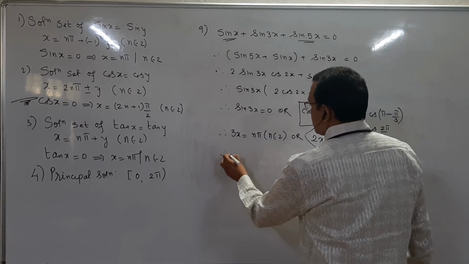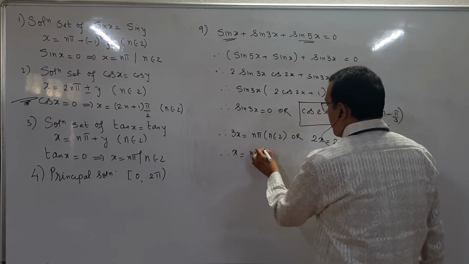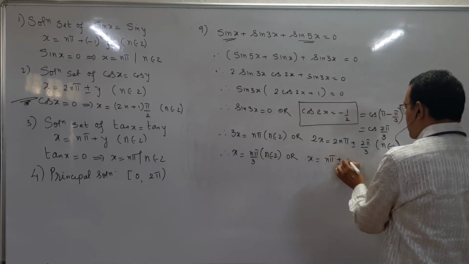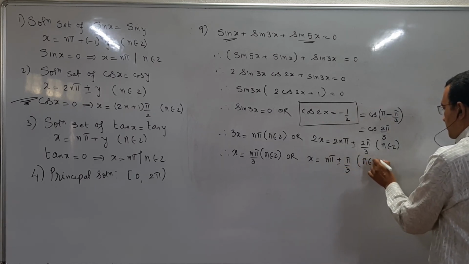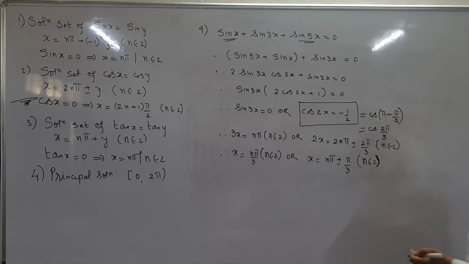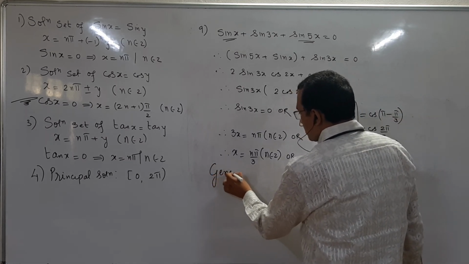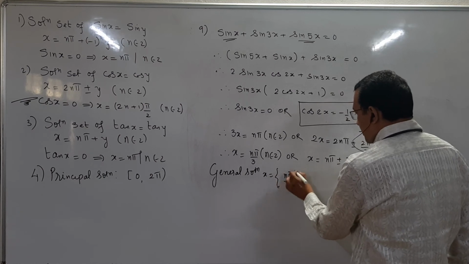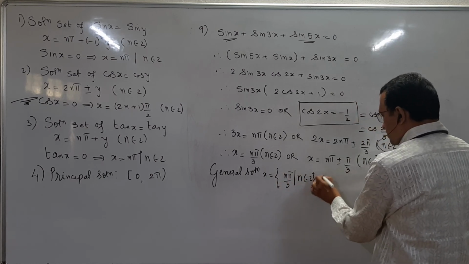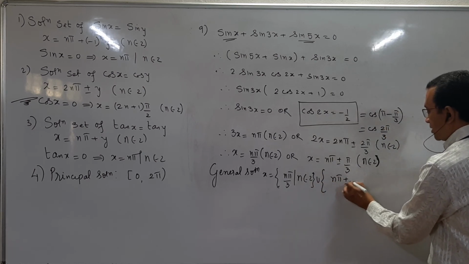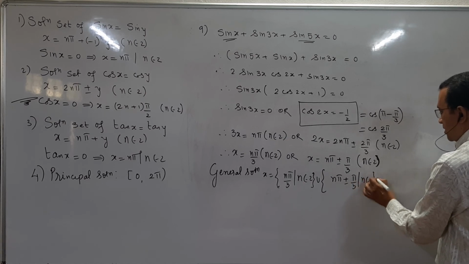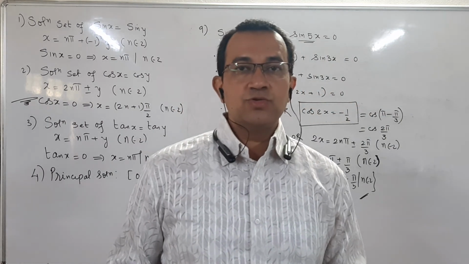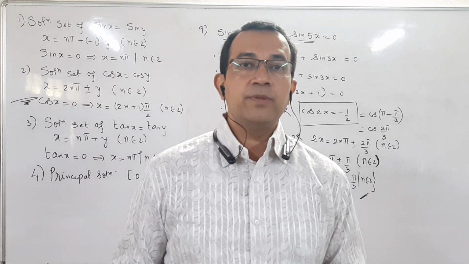Making x the subject of the formula, this changes to x is equal to n pi by 3, where n belongs to Z, or x is equal to n pi plus or minus pi by 3, where n belongs to Z. Finally, the general solution set is x is equal to n pi by 3, where n belongs to Z, union n pi plus or minus pi by 3, where n belongs to Z. So this is how, students, we do the sums of trigonometric equation.